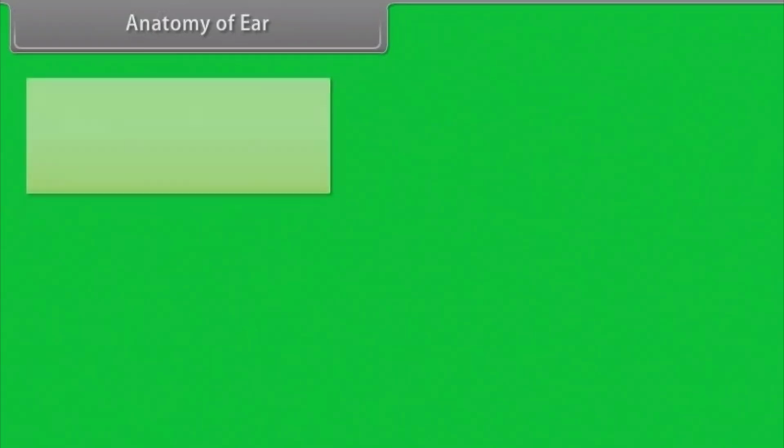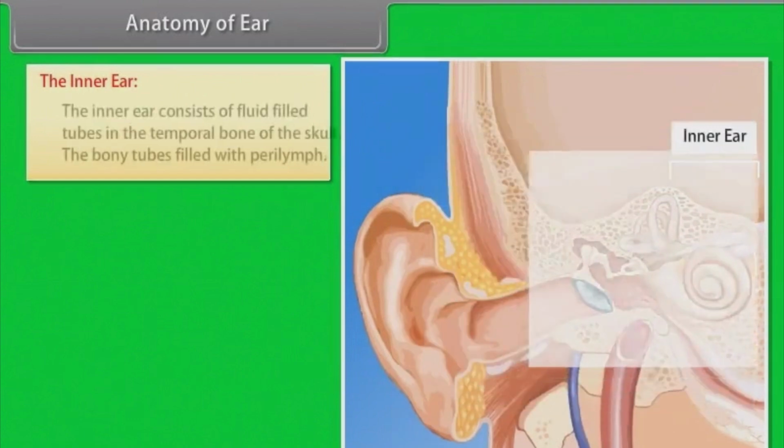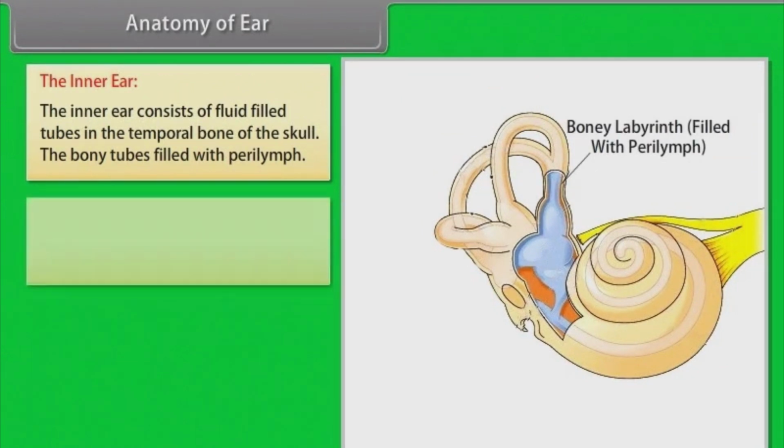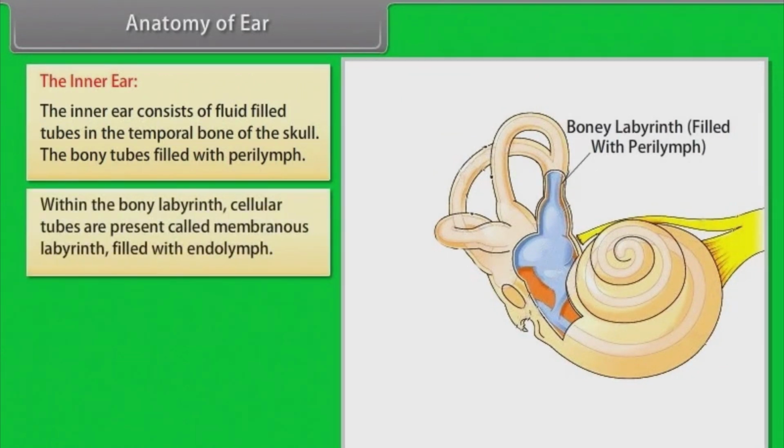Anatomy of the ear. The inner ear. The inner ear consists of fluid-filled tubes in the temporal bone of the skull. The bony tubes filled with perilymph, within the bony labyrinth, cellular tubes are present, called membranous labyrinth, filled with endolymph.